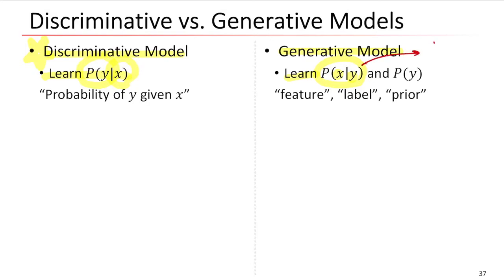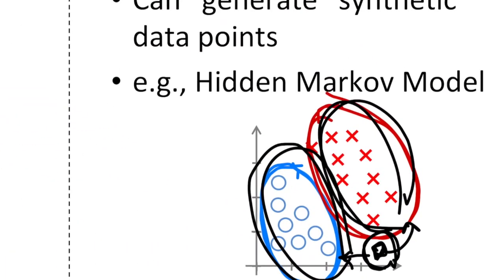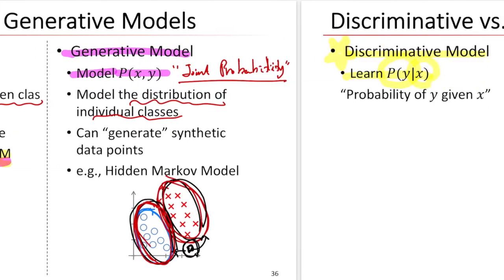So this is the distribution of sample x given y. As you can see here, we can find some parametric model that fits this distribution of class 1 and class 2.